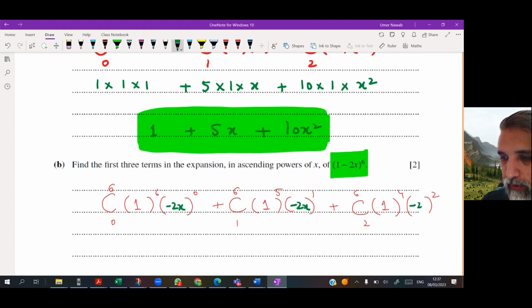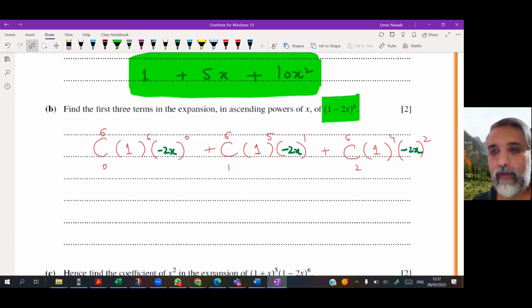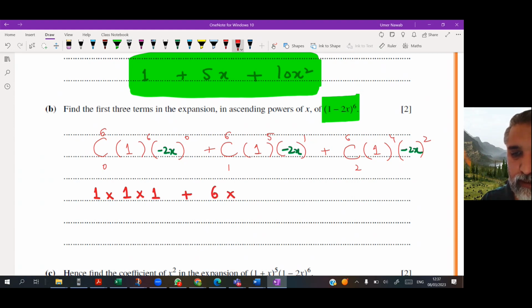Don't forget to copy the negative sign also with the coefficient. So I'm going to write here 6C0, it is 1. 1 power 6 is 1. Anything power 0 is also equal to 1. 6C1 is 6. 1 power 5 is 1. And then minus 2x.